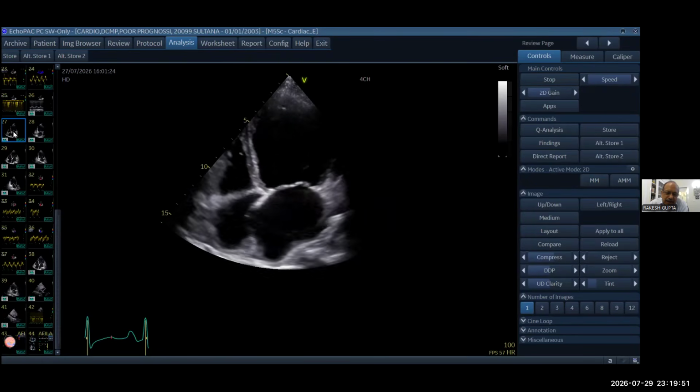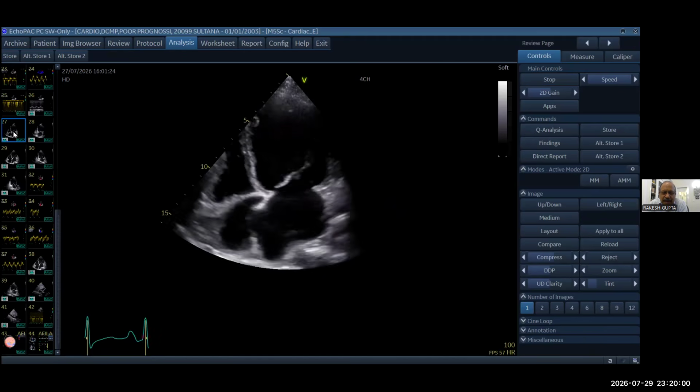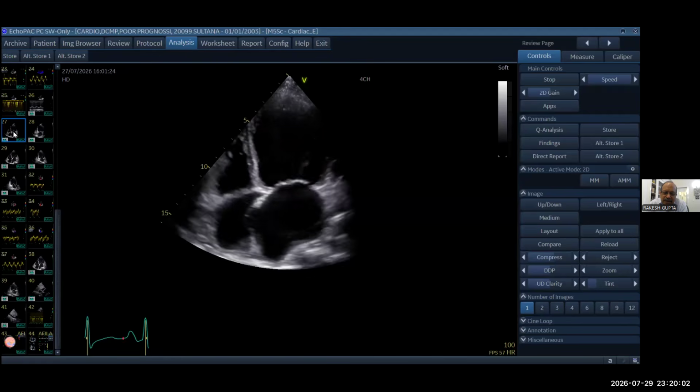Calculate their weight, calculate their dose, and with these people, you have to be very slow in giving fluids. Very slow. What I do is, I'll take about 500 milligrams of ferric carboxymaltose, add into 50 ml of normal saline, and give it over a period of 2 to 3 hours.